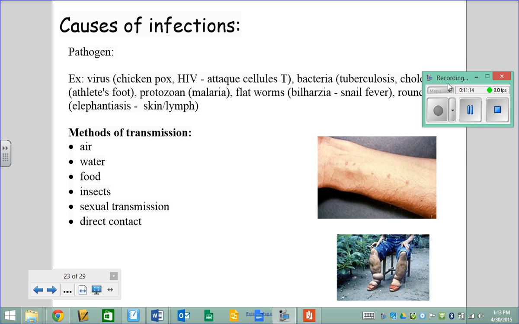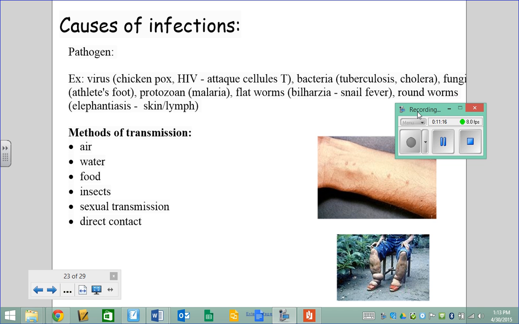And the main number one reason that you would get an infection is something called a pathogen. Now, to describe what a pathogen is, I thought it would be best to give some examples. A pathogen is any foreign cell or foreign substance that is going to bring an infection into your body.